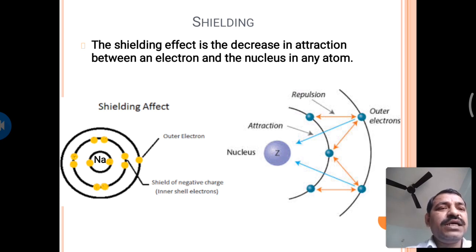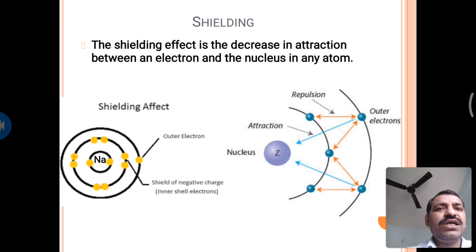But the inner shell electrons are negatively charged and the outermost electron is also negatively charged, so repulsion occurs. This repulsion decreases the attraction between the outermost electron and the nucleus. This decrease in attraction is called the shielding effect.